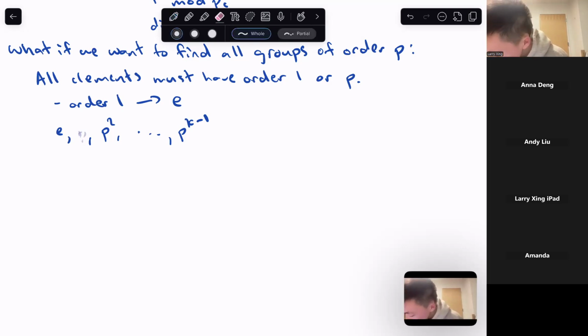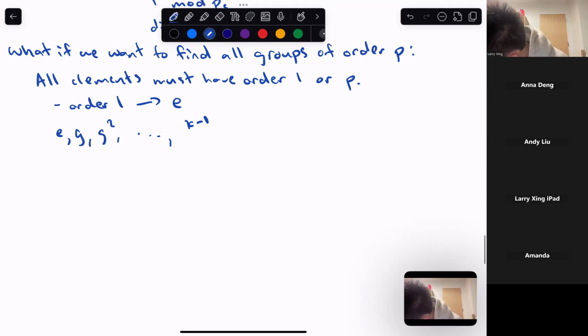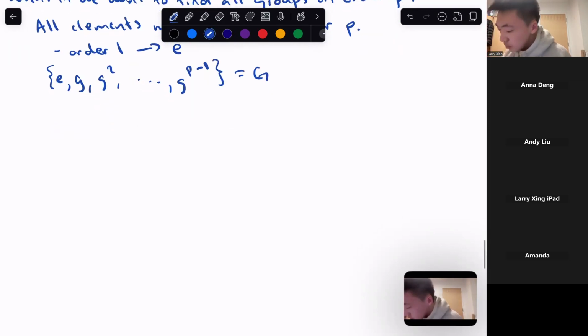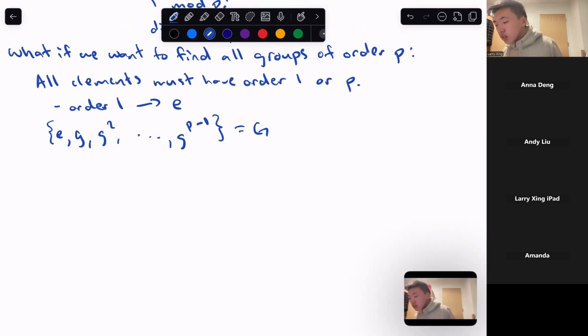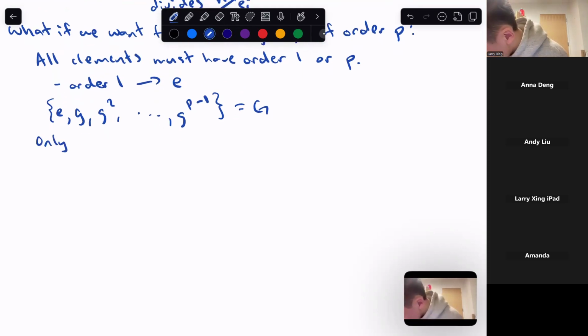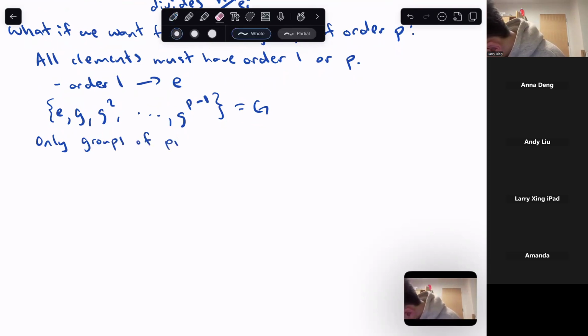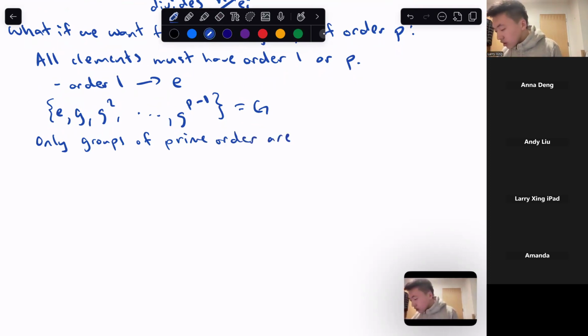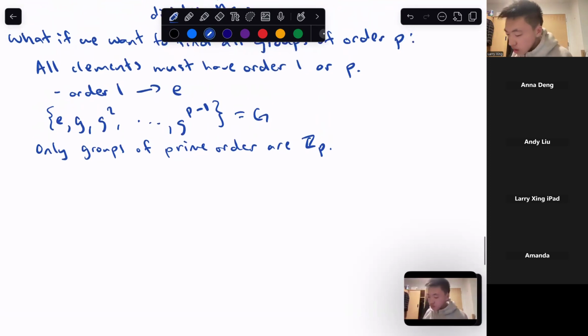So that means that this must actually be G. And so that means that the only groups of prime order are essentially isomorphic to Z_p. Okay.